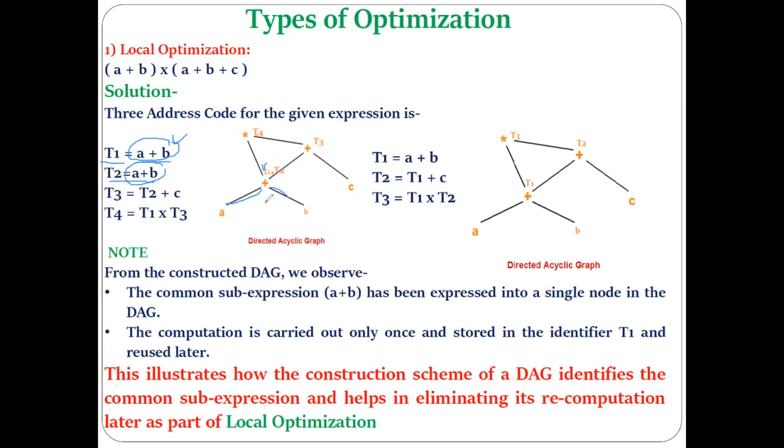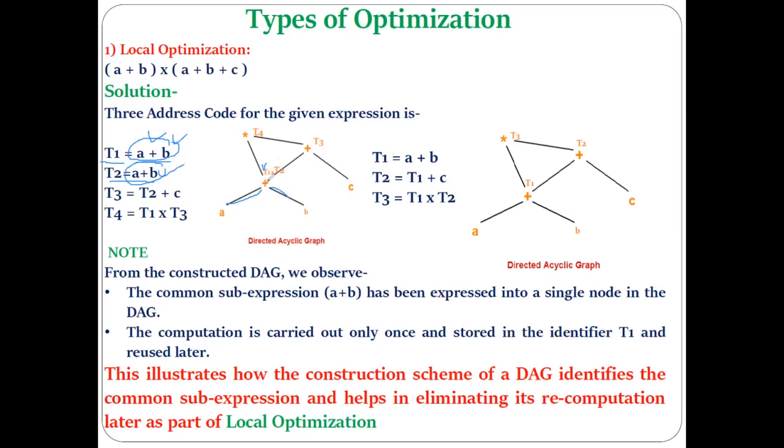According to the property of the DAG, for a particular sub expression which appears multiple times, only one node is created. That's why we write t1 comma t2, because t1 represents the same sub expression and t2 also represents the same sub expression.